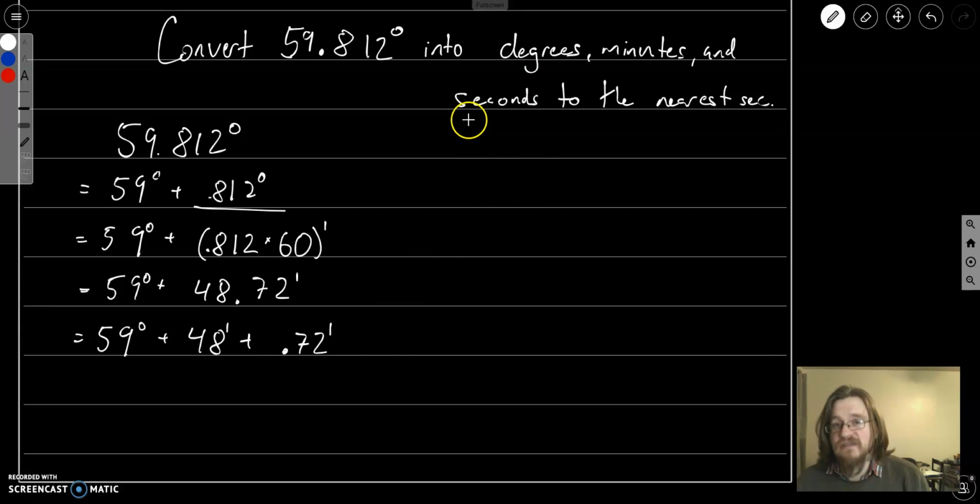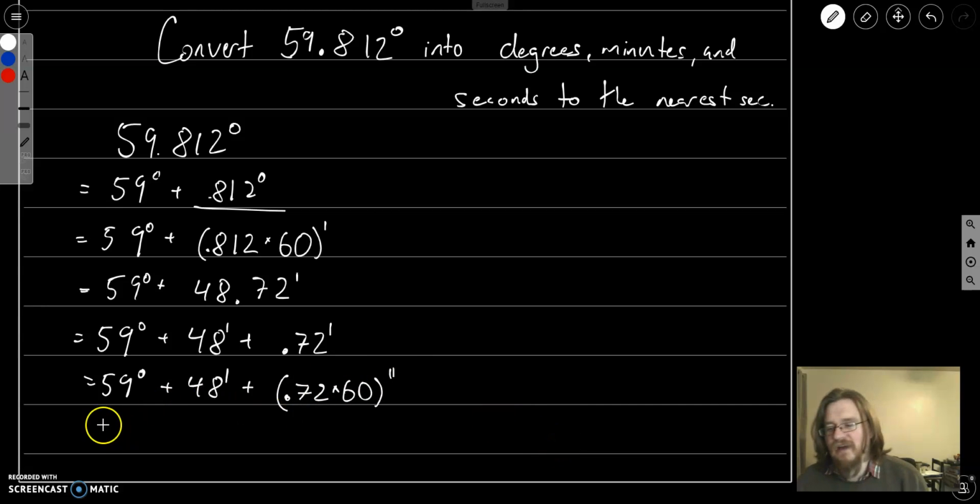Well, there are 60 seconds per every minute. So what was 59 degrees, 48 minutes, and 0.72 minutes, I'm going to turn that 0.72, multiply it by our factor of 60, and now this is going to be how many seconds we have.